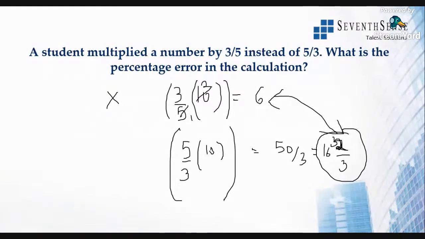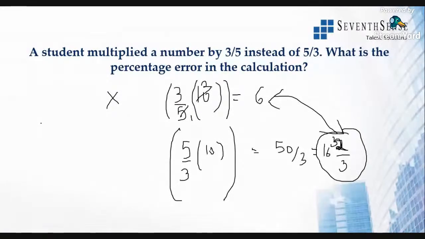So if that is the difference, what will be the actual error? Okay, this is a simple example. So what will be the percentage of that error? The percentage of error is supposed to be with respect to the original calculation. All right. So how can you solve this? We need to take a difference, right? If we take the difference, we'll get to know what is actually the error made.